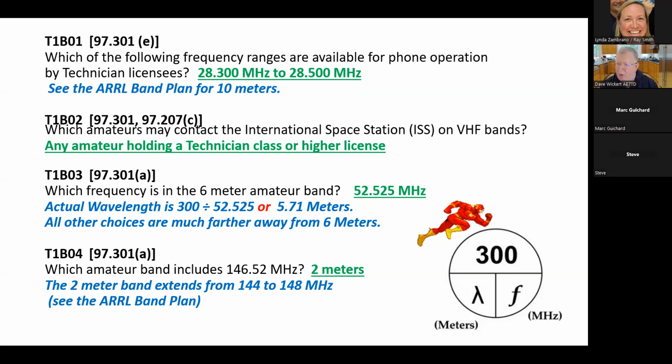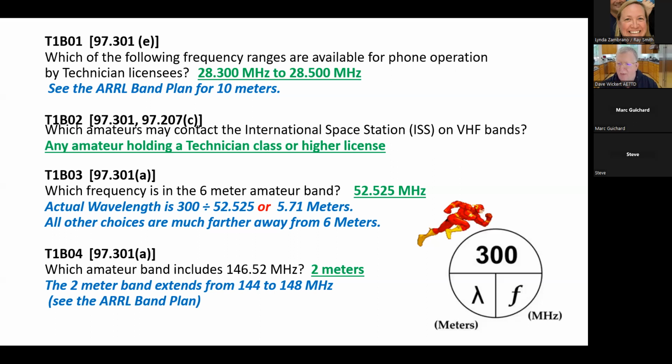All righty, there are a couple of questions on the exam. B03, B04 are examples of where they ask you what frequency is in the 6 meter band, and they give you a bunch of frequencies. And in B04, they give you a frequency and they ask you what band it's in.